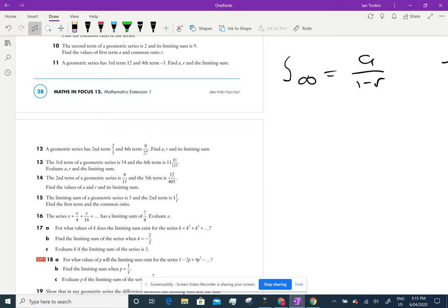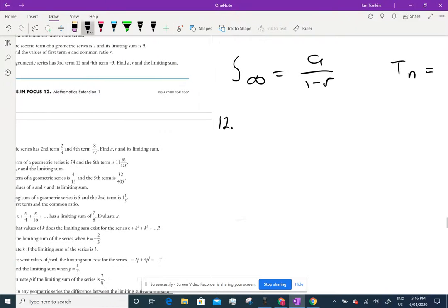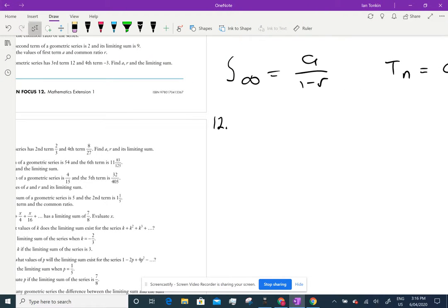So if we have a look here, question 12: a geometric series has a second term of 2/3 and a fourth term of 8 on 27. Well, I'm going to show you how to do this algebraically, but it's sometimes good to remember that this is a series. So term 1, our a term, is there. The second term is 2/3.